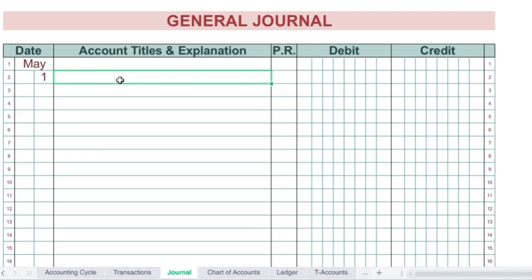And then we will write the account to be debited first. The first accounts we put are the accounts that we will debit. We will enter those at the extreme left of the first line. So we have cash. We debit cash because it increased, which is 250,000.